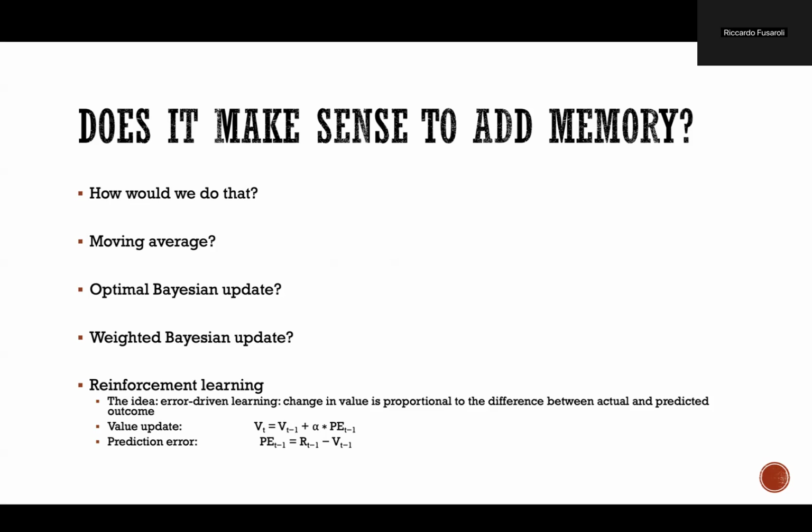Normally, 0 means that you don't learn at all. 1 means that you forget everything and just learn from the previous trial.